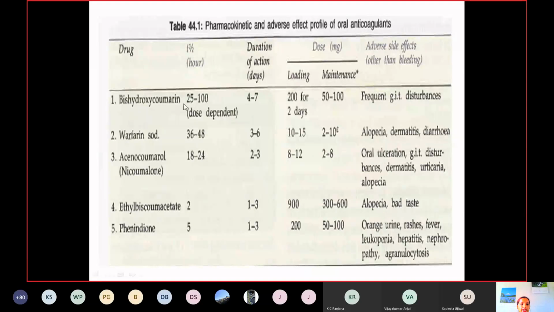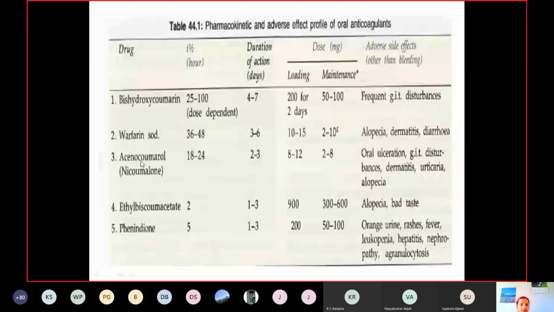For this drug, the half-life is 25 to 100 hours. It has a long half-life. It has a common complication, that is frequent GI disturbances. Warfarin sodium, besides bleeding, causes alopecia, dermatitis, and diarrhea.